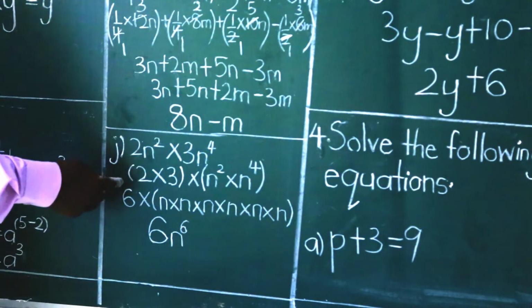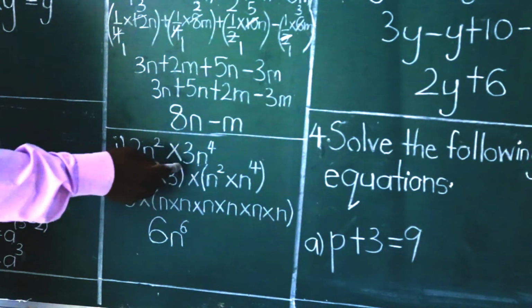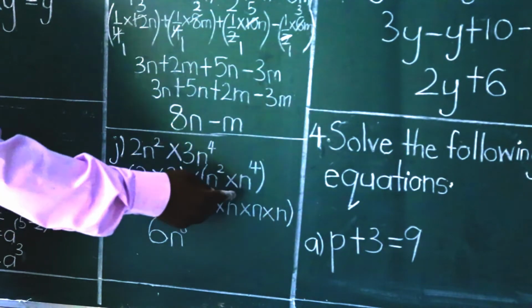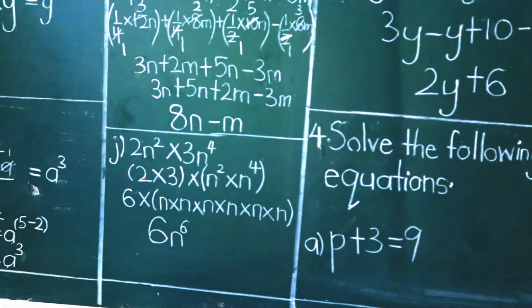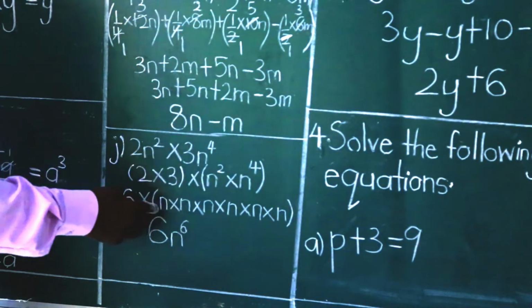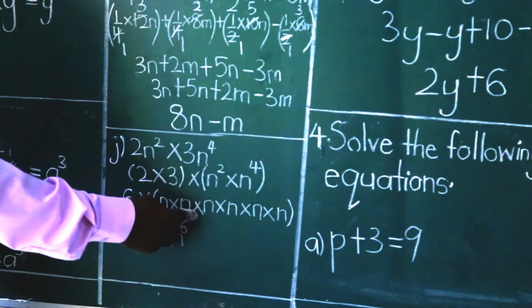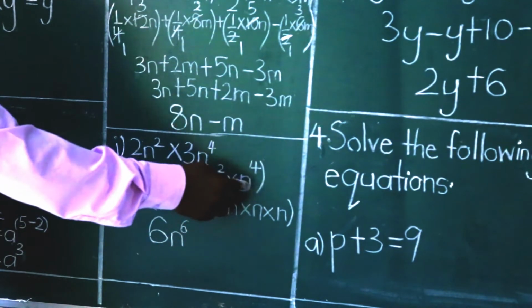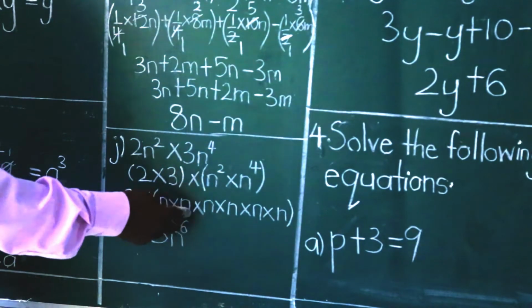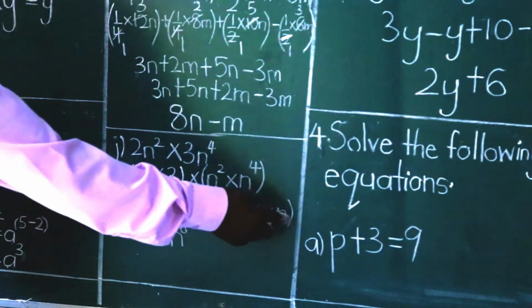Next step, we say 2 times 3, then times these other n's, that's n squared times n index 4. Then you will get 2 times 3 is 6, then expand these: n squared as n times n, and n index 4 as n times n times n times n, thereby getting n times n times n times n times n times n.